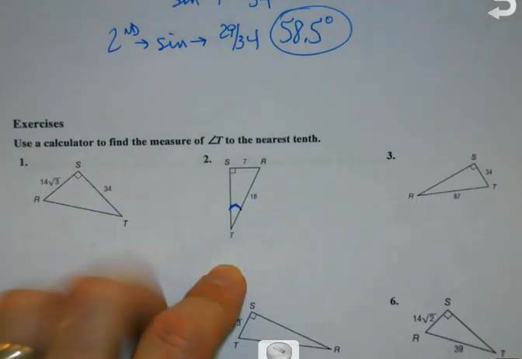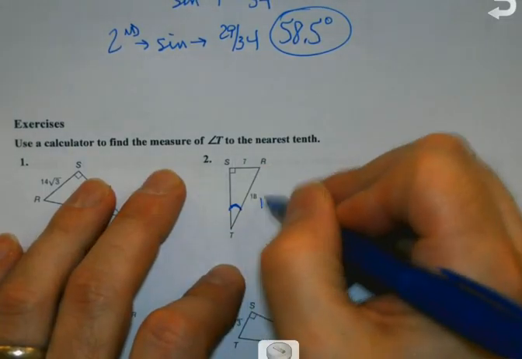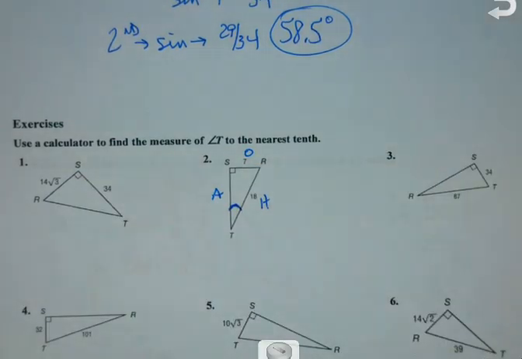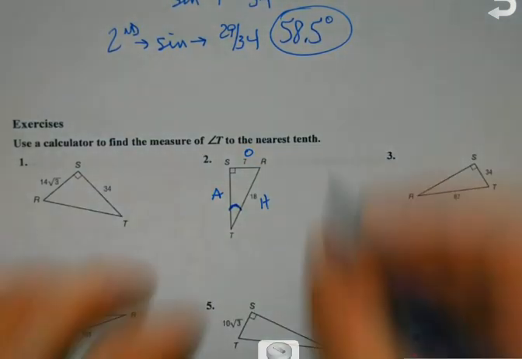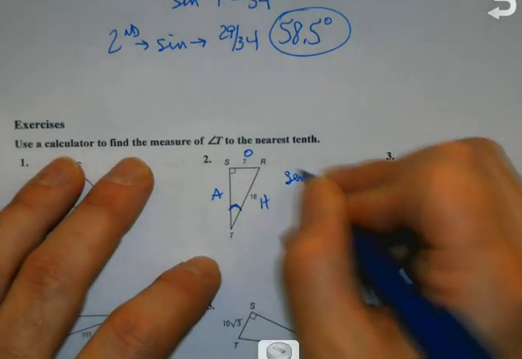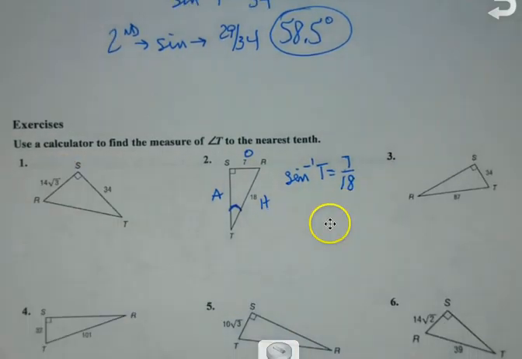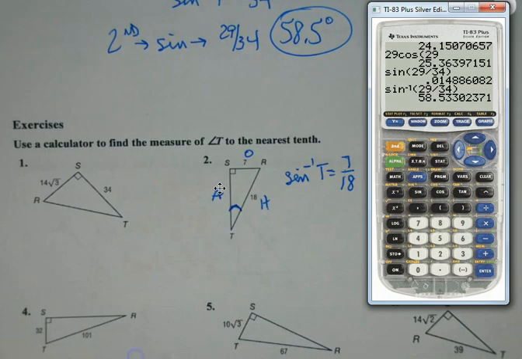We're finding the measure of angle T. Again, I notice the two sides where the numbers are opposite and hypotenuse, which would be sine. So I just go to my calculator. Do second sine.